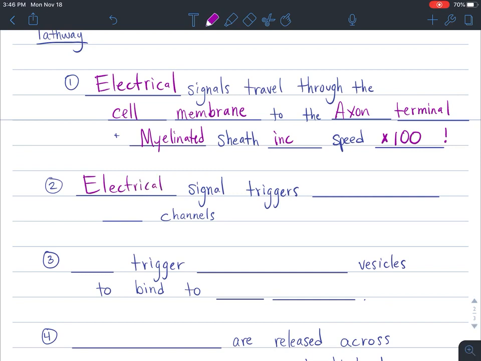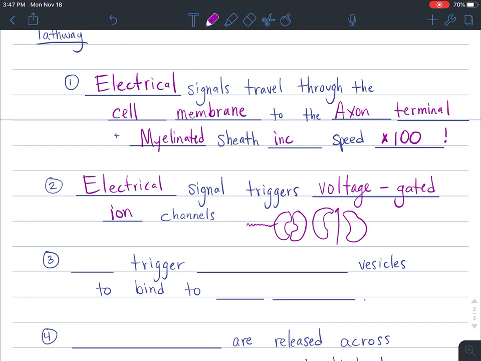This electrical signal is going to trigger some things we call voltage gated ion channels. And you're like, what the heck is that? Well, essentially it's a little channel that remains closed except when electricity gets to it. Then that channel is pulled apart and lets some ions into our neuron cell.